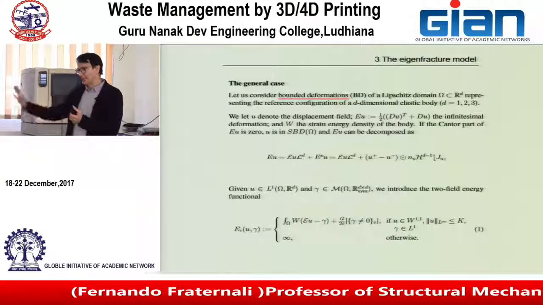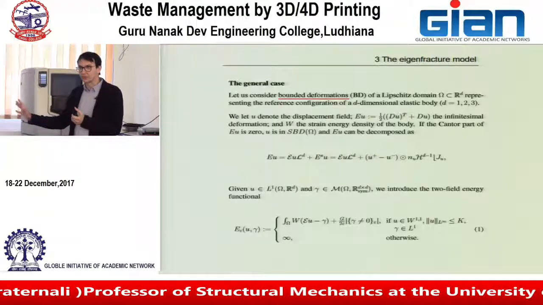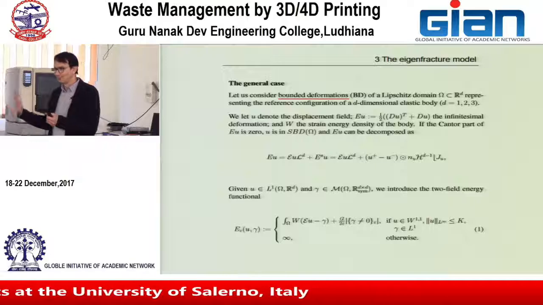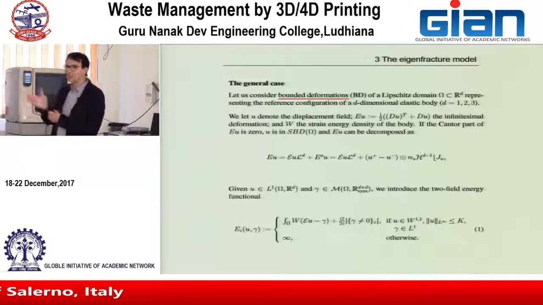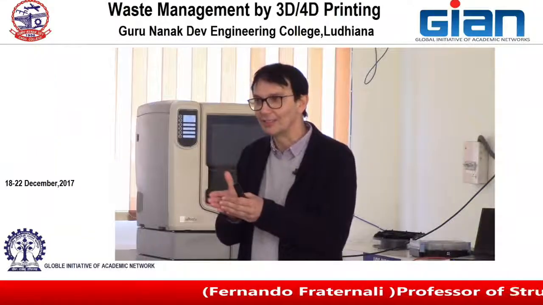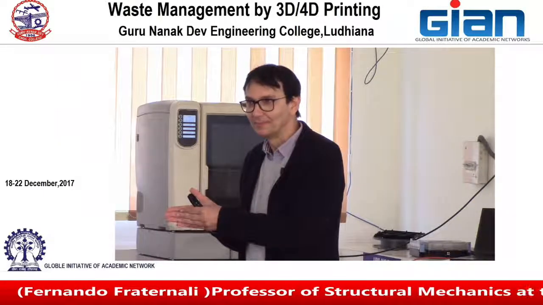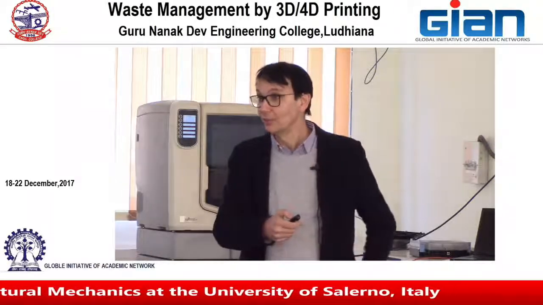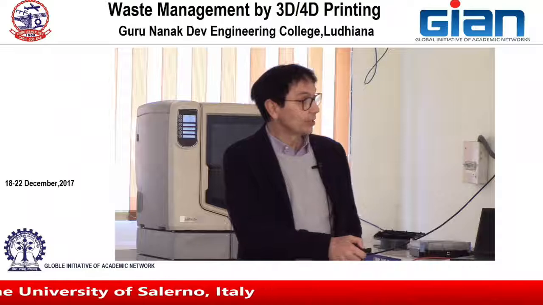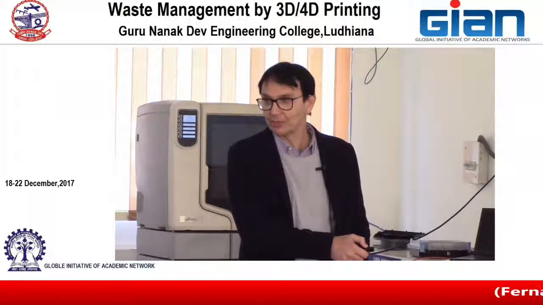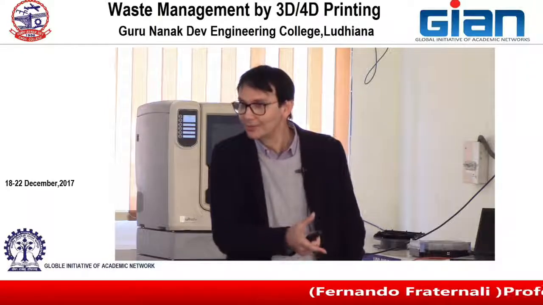There is the undamaged region of the body in which gamma is 0. Okay? And there is the damaged portion of the body in which gamma is the total strain. All the strain is gamma. In the damaged region, you won't have elastic energy. Why? Because the strain minus gamma gives 0.